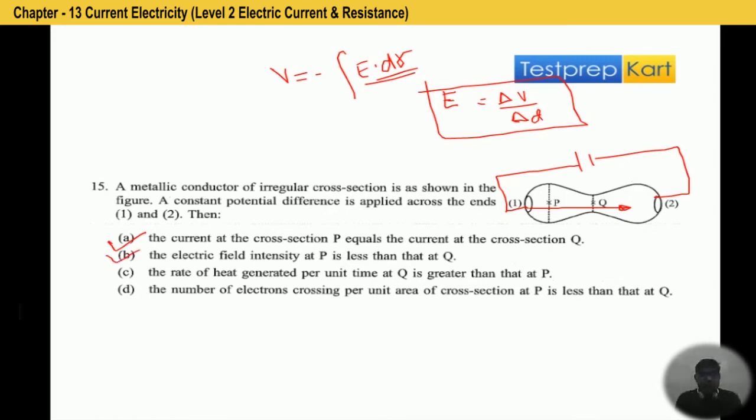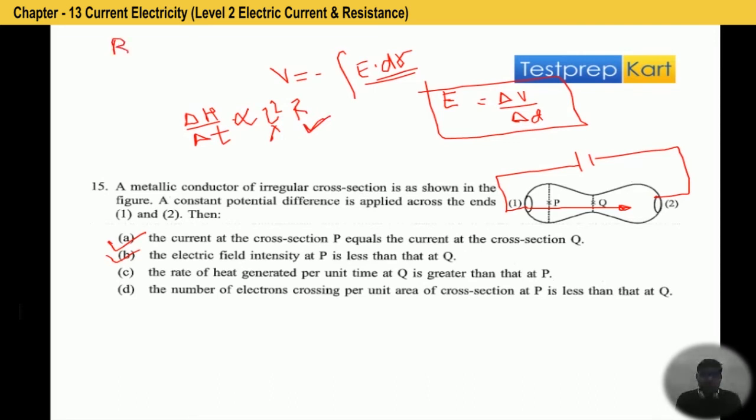Now, the rate of heat generated per unit time at Q is greater than that at point P. So here we can see that the rate of heat generated, delta H over delta T, is proportional to I squared R. But the current remains the same, so it depends on resistance.